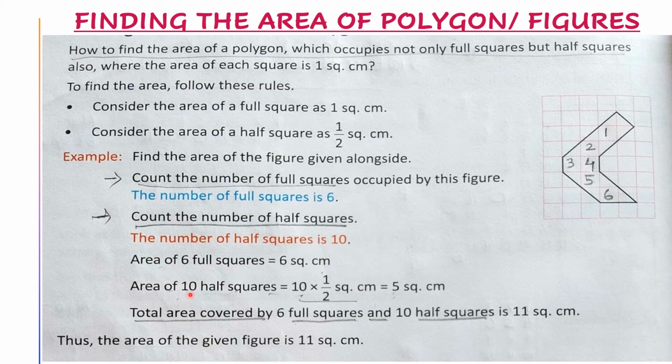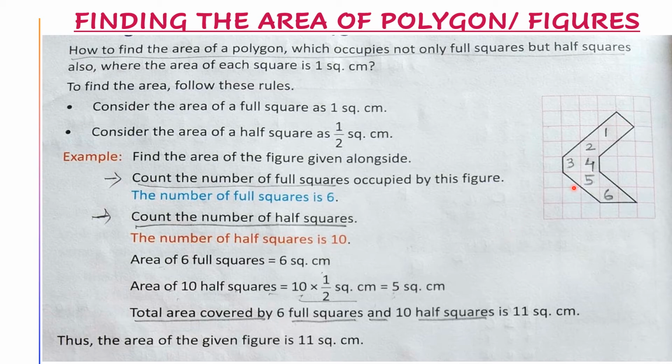So, the area of 10 half squares is equal to 10 multiplied by 1 by 2 square cm. Remember children, to find the area of half squares, multiply the number of half squares by 1 by 2, as 10 multiplied by 1 by 2 square cm, which gives 5 square cm. That means we consider 2 half squares as 1 square cm.